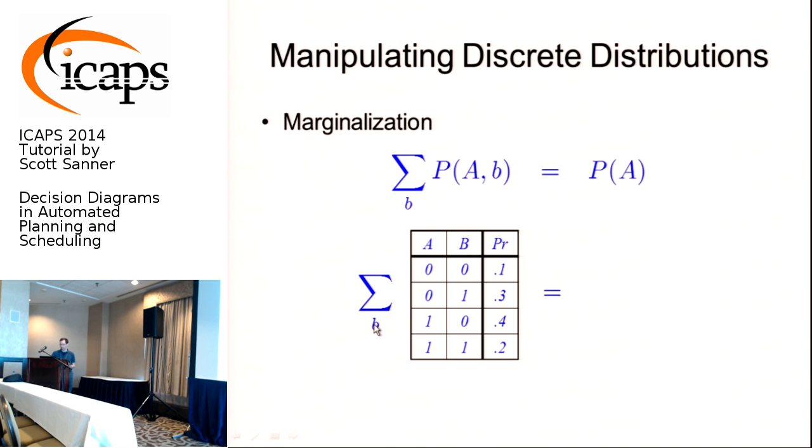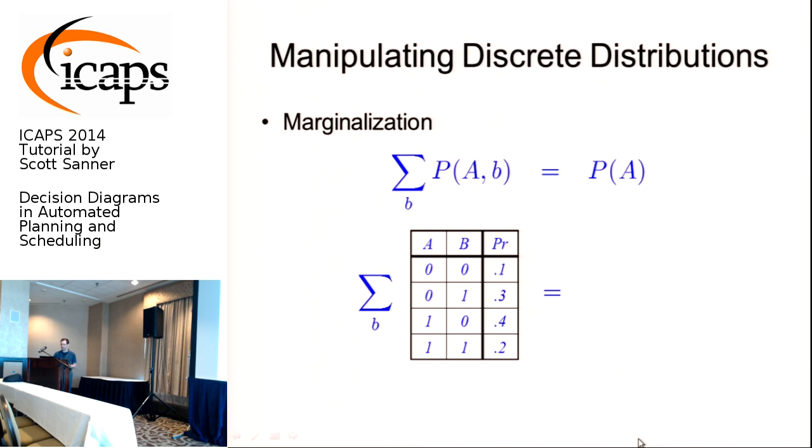Remember, when I sum out, I'm going to instantiate this function for b equals 0, instantiate it for b equals 1, and sum those two results together. So first question is, what variables are going to be in the resulting function? Yeah, just a, right?